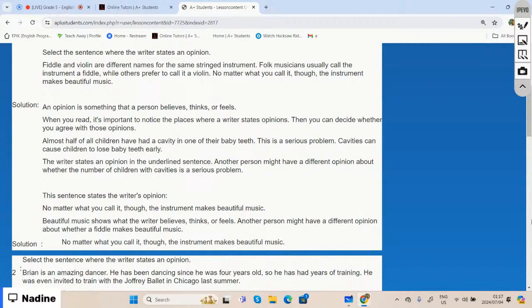But with stating facts, they also throw in their opinions, because they also need to say what they believe, what they think, or what they feel. Then you, as the viewer, you, as the reader, can decide if what he or she says, the opinion, is true or not true.